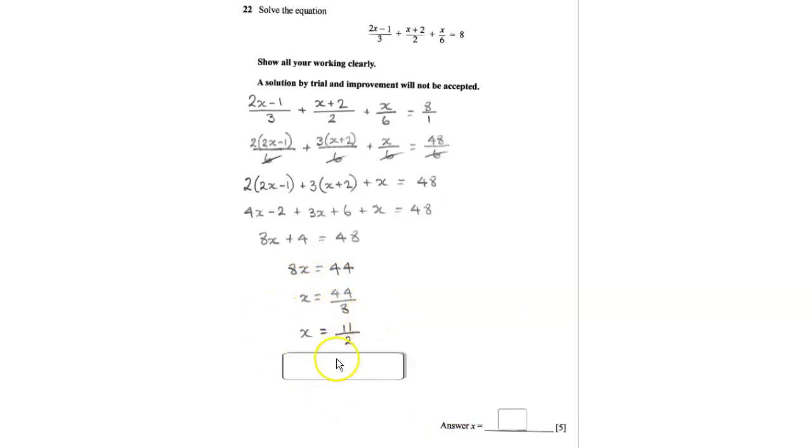Cancel that down to 11 over 2, so we divided each top and bottom by 4. And we put it into a mixed number. So 11 divided by 2 is 5, remainder 1. So we've got 5 and then remainder 1 to make it 5.5.